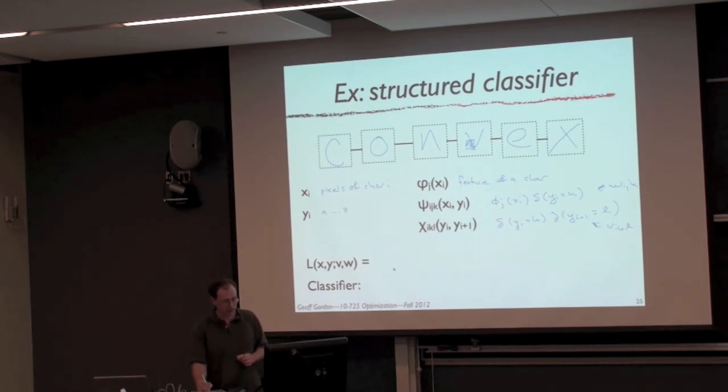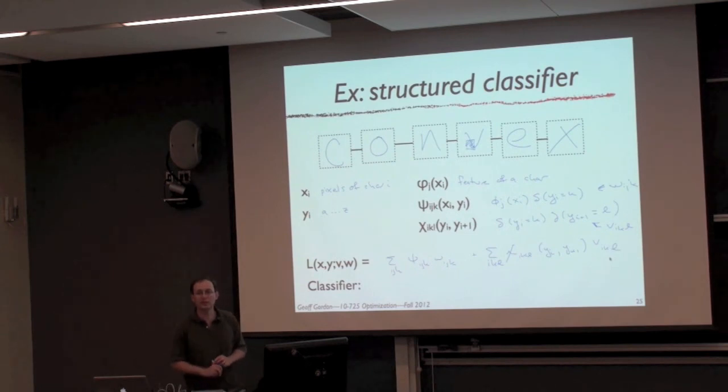And so I will write my criterion function as the sum over all i, j, and k of psi_ijk times W_ij, plus the sum over i, k, l of chi_ikl of y_i and y_{i+1}, and then I'll multiply those by V_ikl, right?